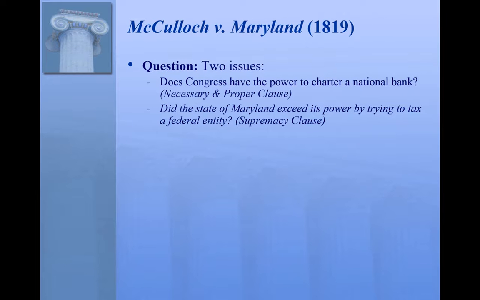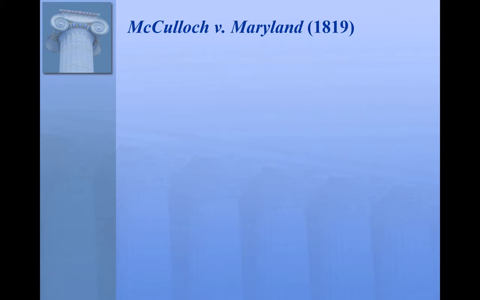Secondly, did the state of Maryland exceed its power by trying to tax a federal entity? And he links that to the supremacy clause. So he's giving the initial interpretation to two important clauses. And the court answers these questions. Yes, Congress can make a bank, and yes, the state of Maryland exceeded its power by taxing that bank. And Chief Justice Marshall writes the majority opinion.